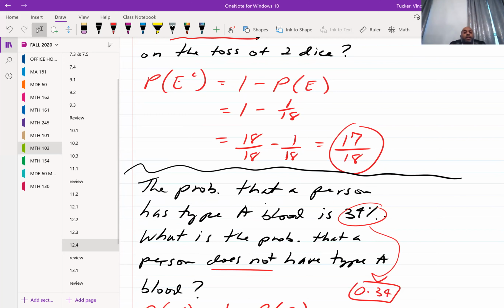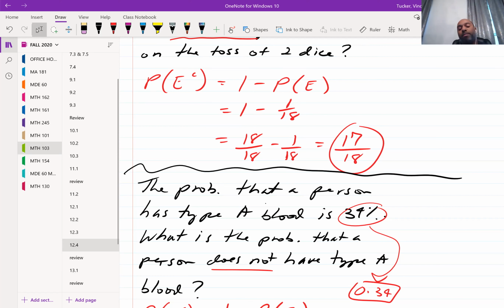Next one: the probability that a person has type A blood is 34%. What is the probability that a person does not have type A blood? Same situation, just that we're dealing with a percentage, a decimal, instead of a fraction. We have the probability of an event, which is having type A blood.